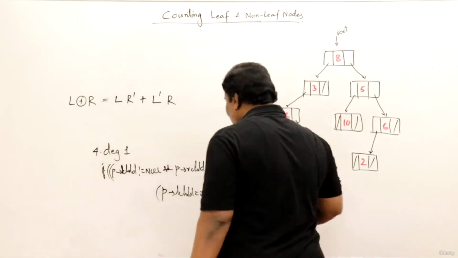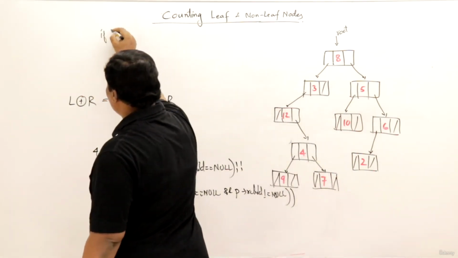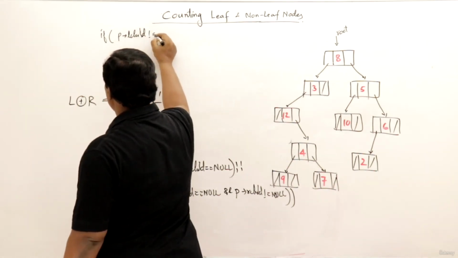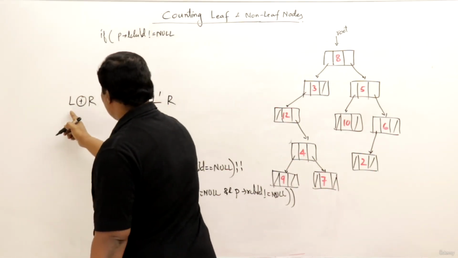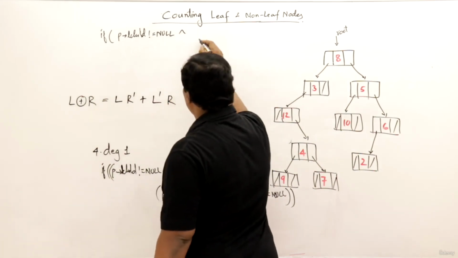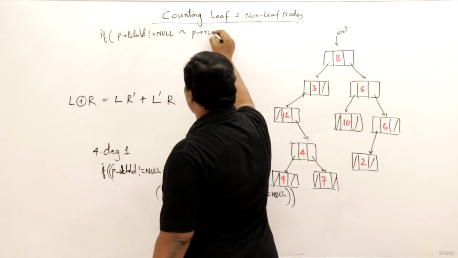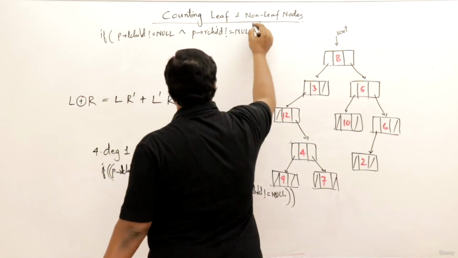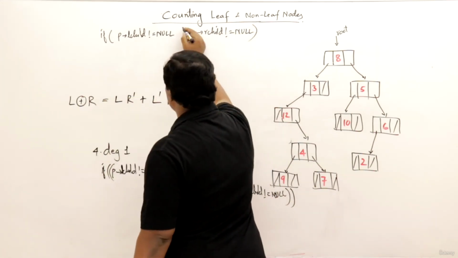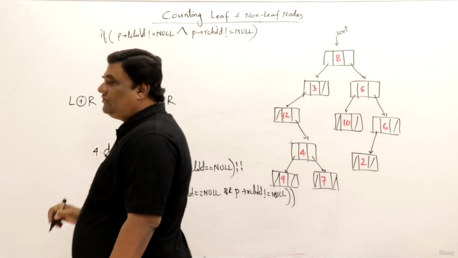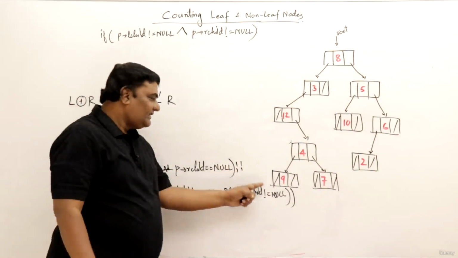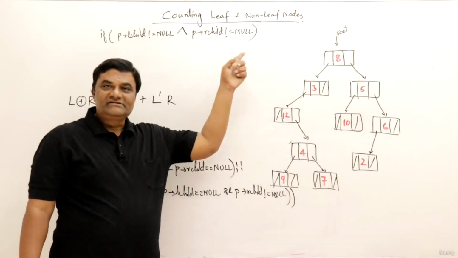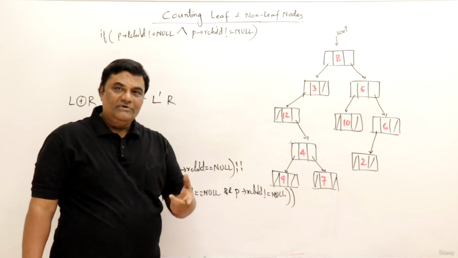So I will write this condition once again here: if P's L child is not equal to null, this is L, XOR P's R child not equal to null, this is R. Yes, this caret is the symbol used for exclusive OR. So I have reduced this lengthy condition into a simple condition like this. This is the condition for degree 1.